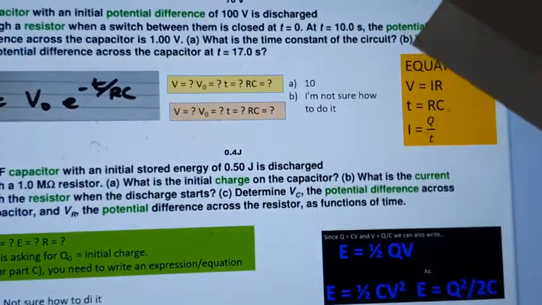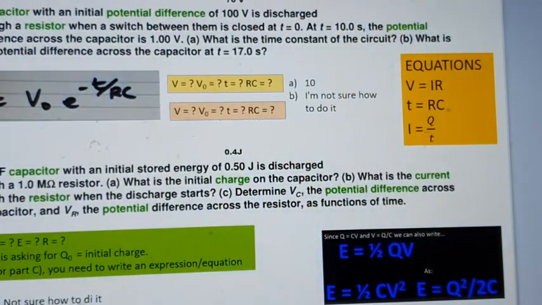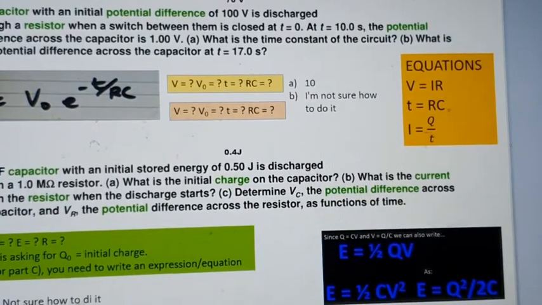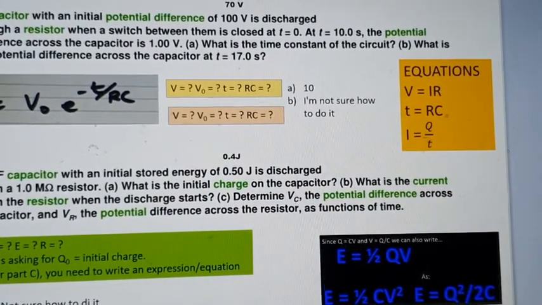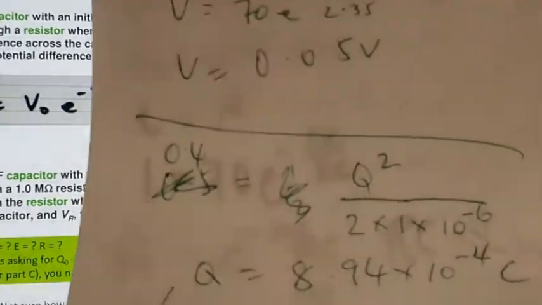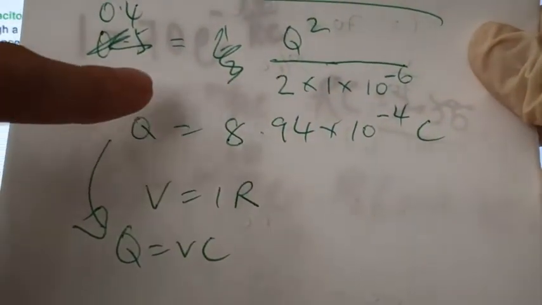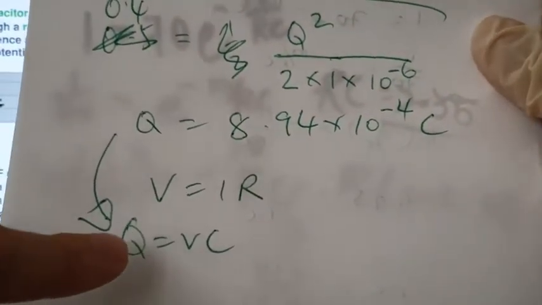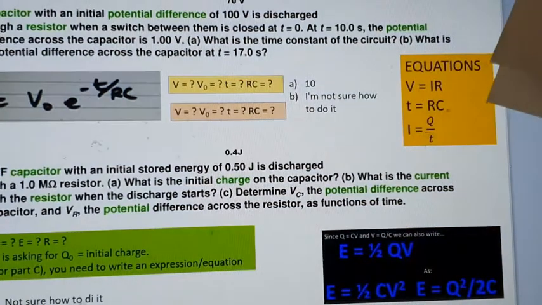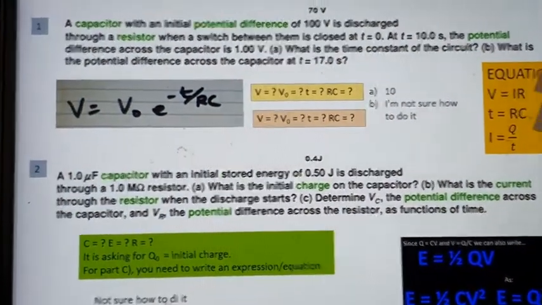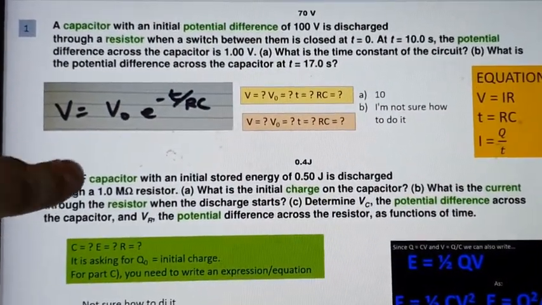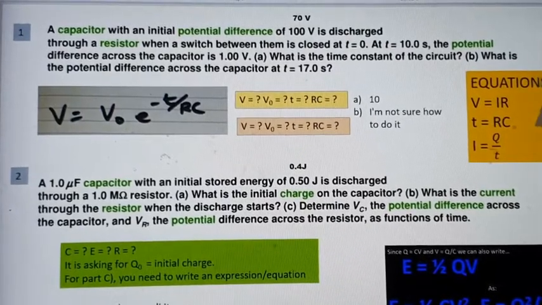You can use Q equals VC, couldn't you? You use the Q that you worked out, you put it into there, and you know C in the question. Then you can work out V, couldn't you?